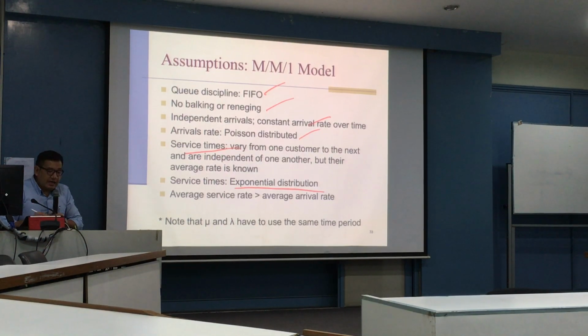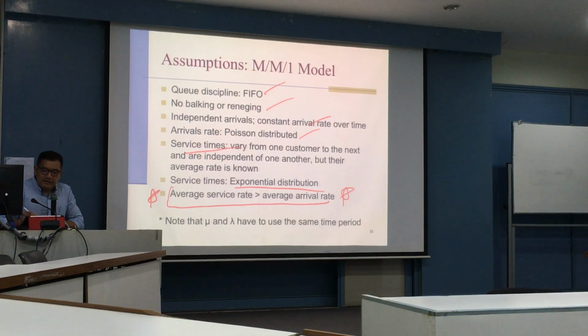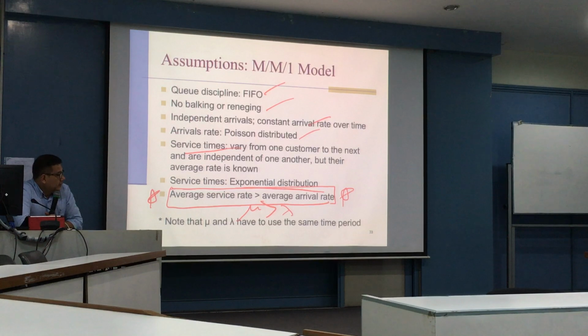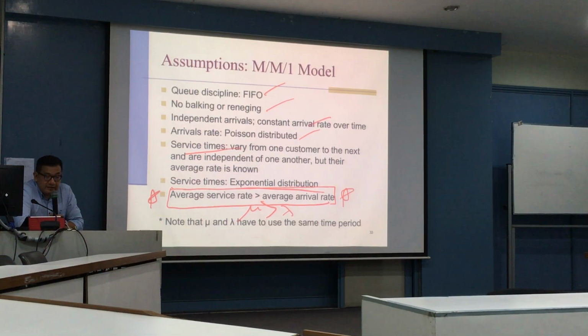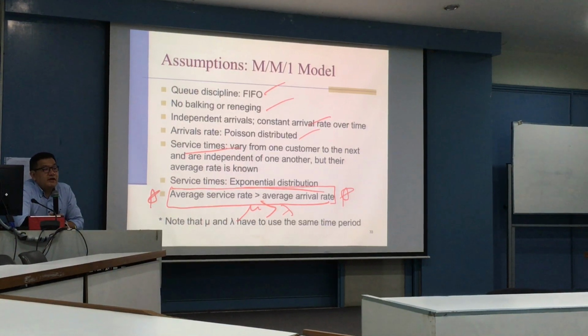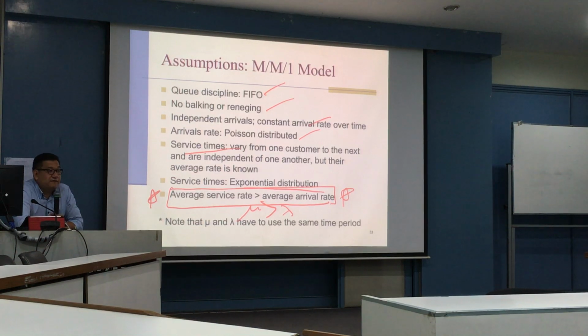And this is very important for M/M/1: the average service rate has to be greater than the average arrival rate, or mu has to be greater than lambda, in order to apply the M/M/1 model. In other words, the rate at which you provide service is more than the rate at which customers arrive.